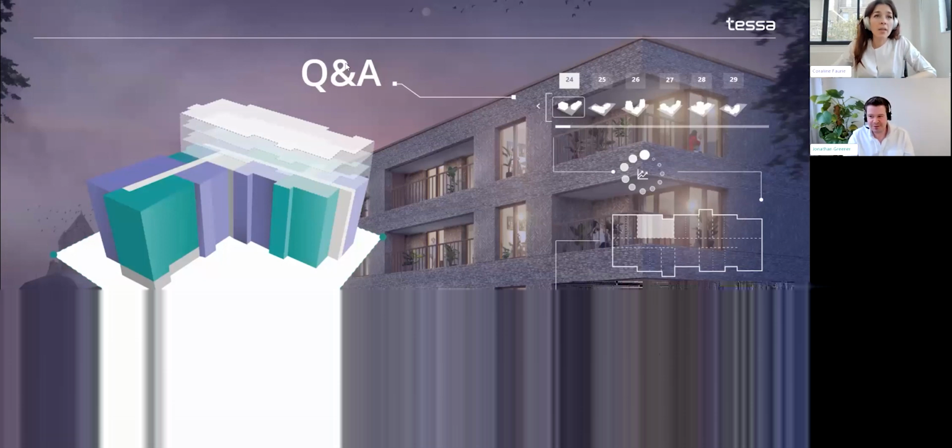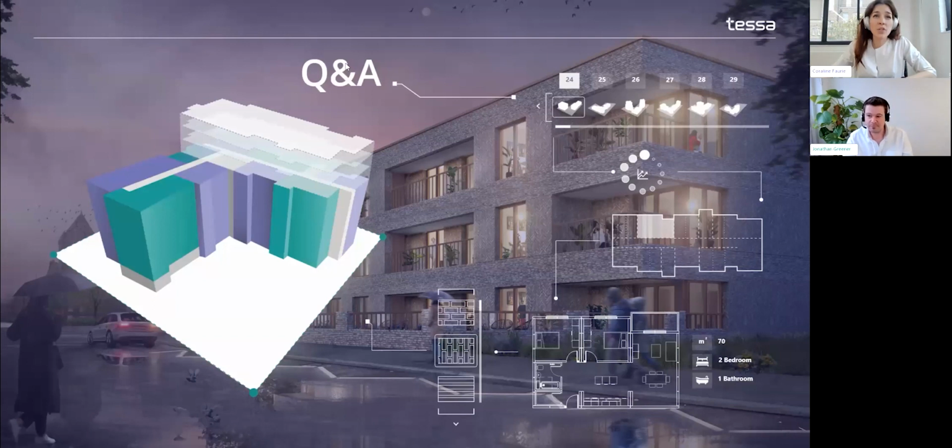I think I had one question around, does it automatically bring in site boundaries and town planning data? A nice one. Yeah, that's a great question. Do you want to answer it? I'll let you take that one.